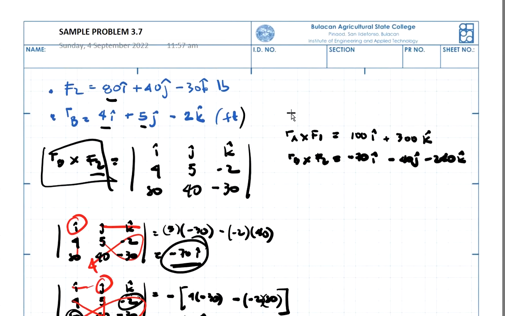Since we now know the value of our RA cross F1 and RB cross F2, we can now add the value of the two.